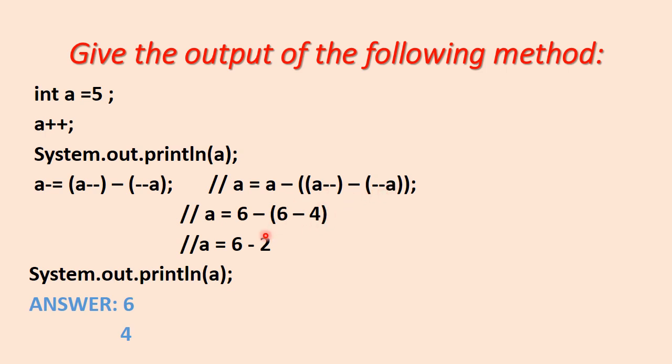So we will write now 6 minus, and then we remove the small bracket, so it becomes 6 minus 4, 2. So now finally a is equal to 6 minus 2, and after System.out.println, we have to print the value of a. It becomes 4. A is equal to 4.